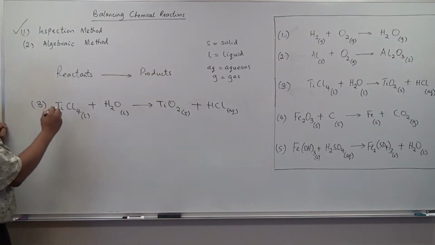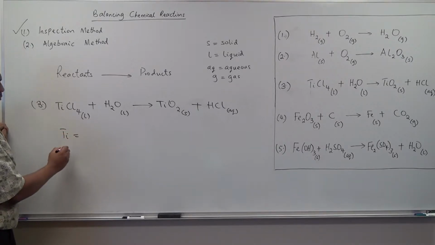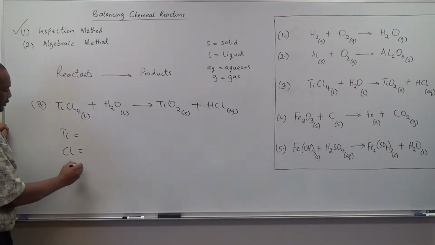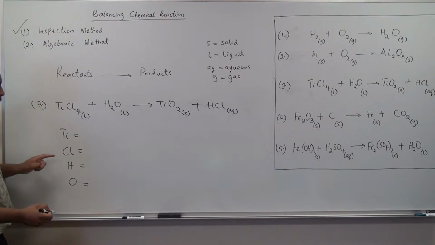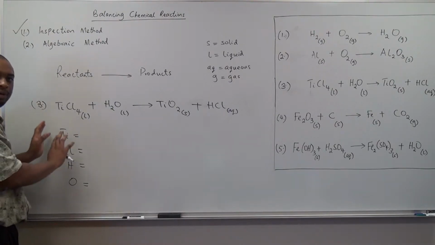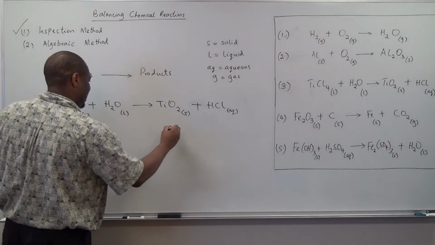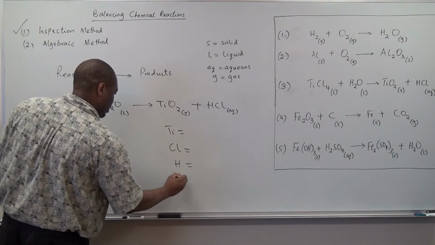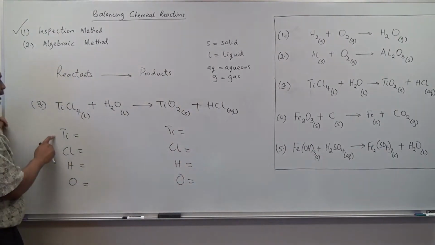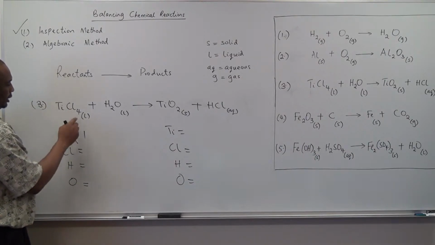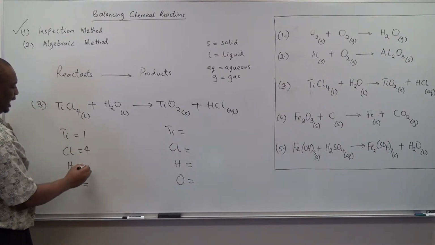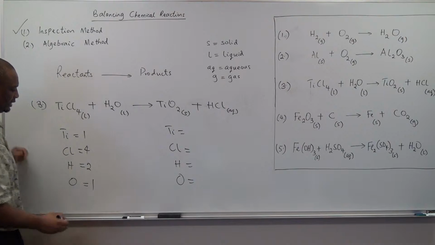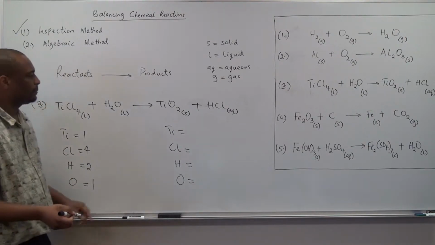Okay, we list the elements. This is titanium, chlorine, hydrogen, oxygen. The same way we listed here, we listed in the products: titanium, chlorine, hydrogen, oxygen. Titanium is 1, chlorine is 4, hydrogen is 2, oxygen is 1 for the reactants.